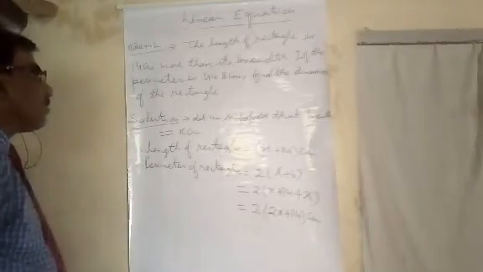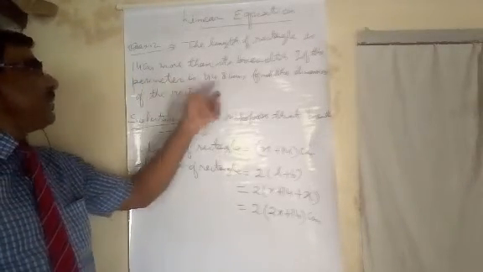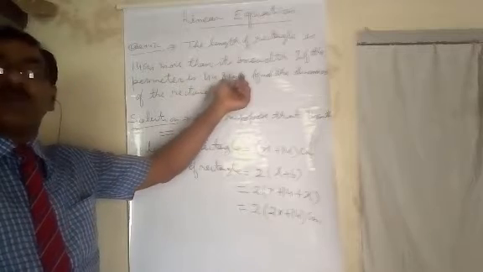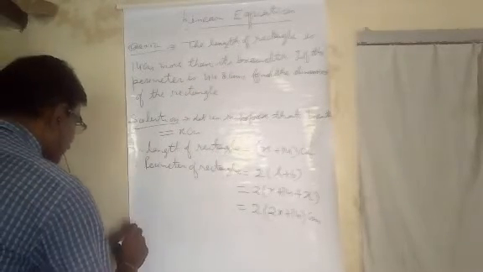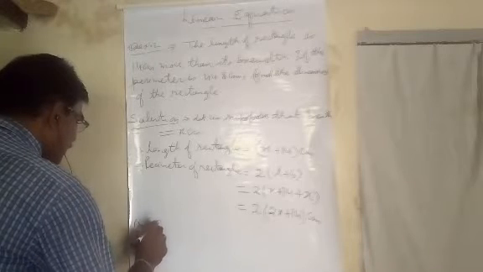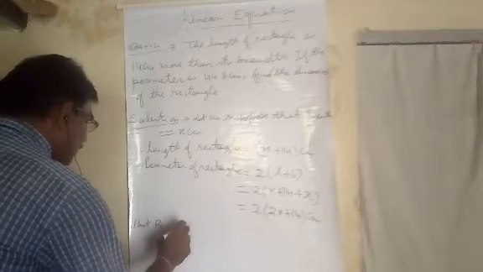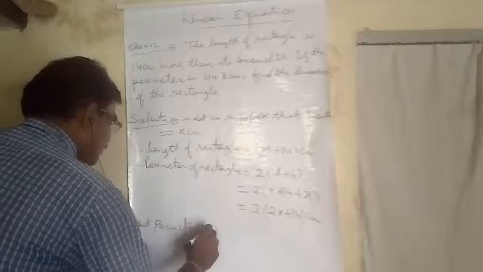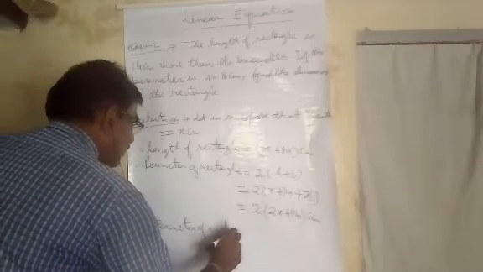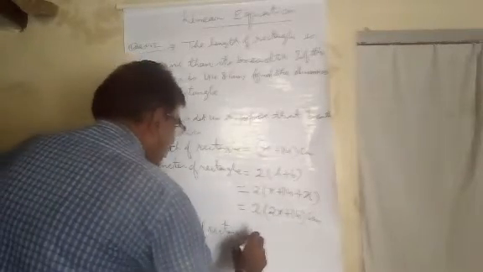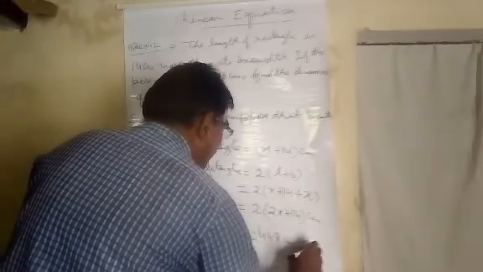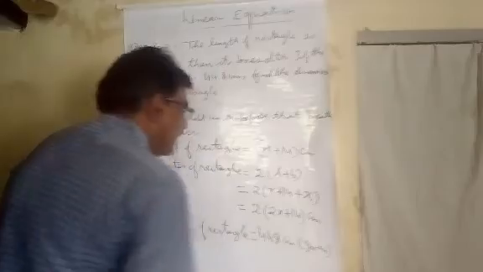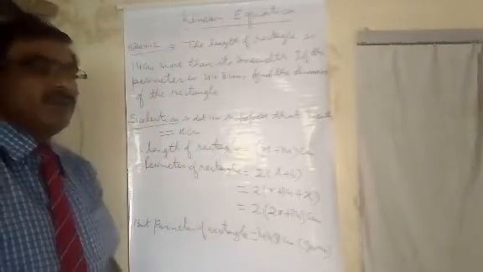But in the given question, perimeter of rectangle is 448 centimeter given.